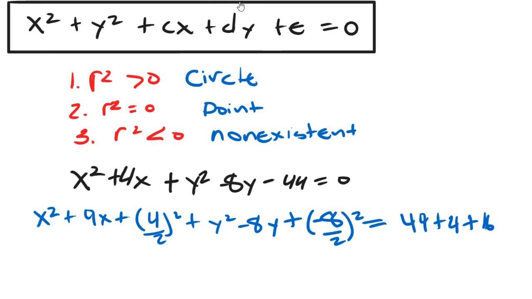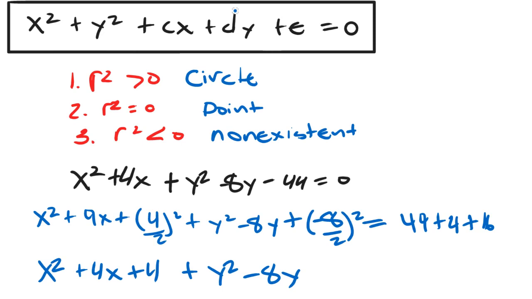So we'll simplify this even further: x squared plus 4x plus 4 plus y squared minus 8y plus 16 equals 64.